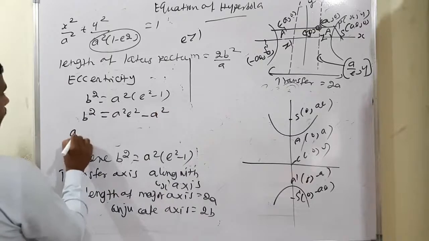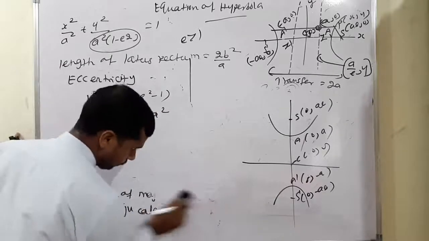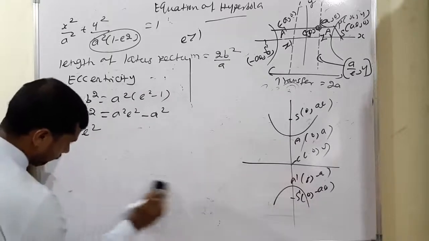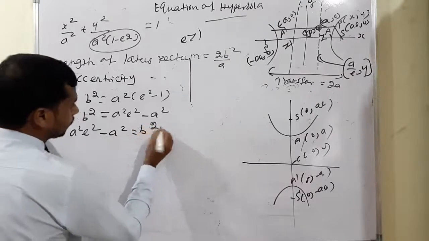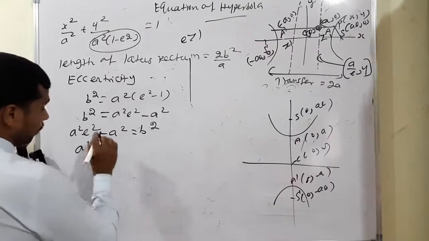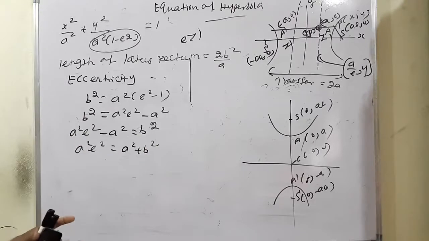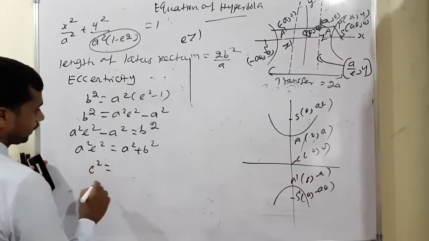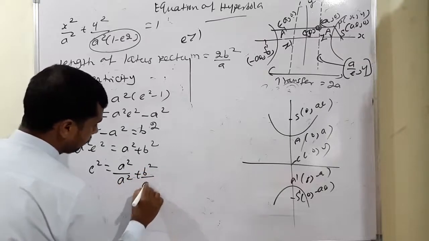Then interchanging the terms, a square e square minus a square is equal to b square, so a square e square is equal to a square plus b square, isn't it? Therefore, e square is equal to a square by a square plus b square by a square, isn't it?